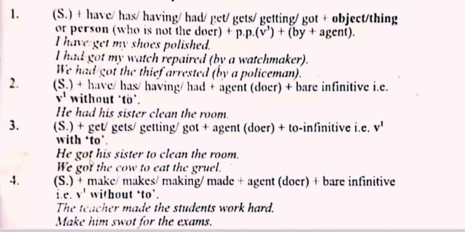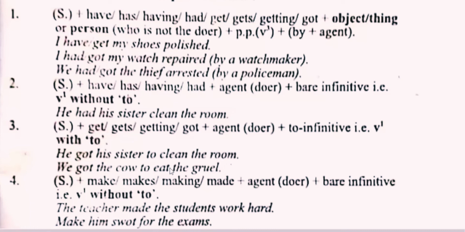In number 3, we got the cow to eat the grass. So eat, to eat, does something, eating. It should not be only a human. So if the dog, we got the dog to bark. Okay, to bark, like that.